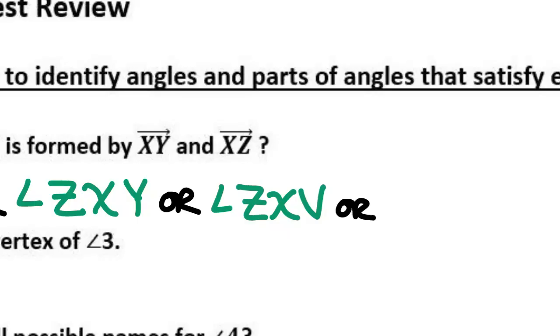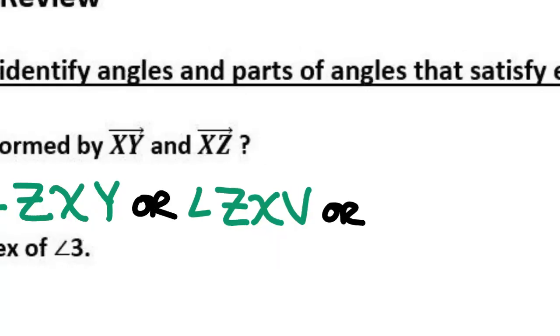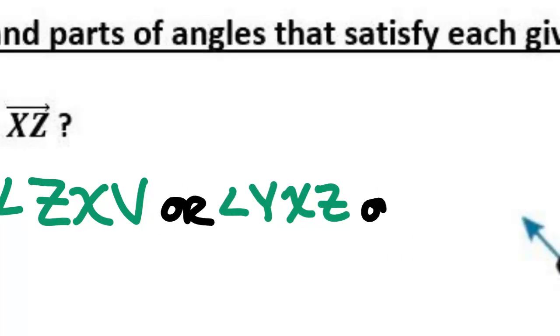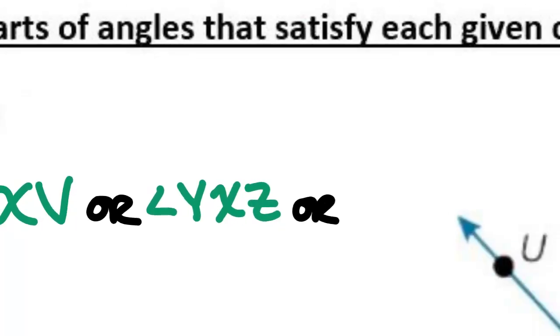I can take either one of those names and I could turn it around. I can go the other direction. So instead of ZXY, I could call it YXZ. Instead of calling it ZXV, I could call it VXZ.